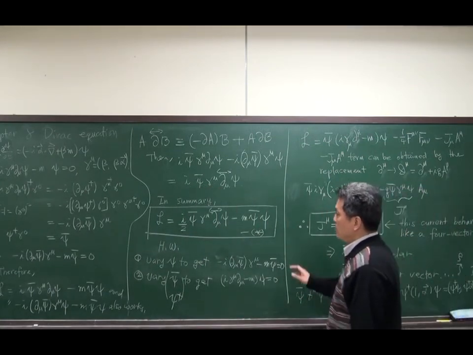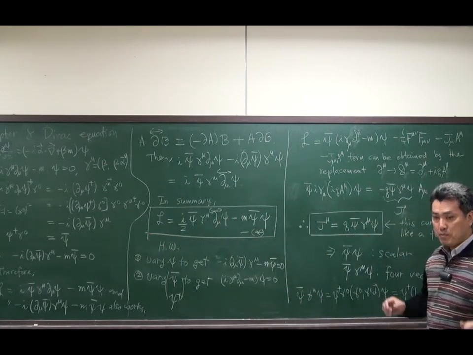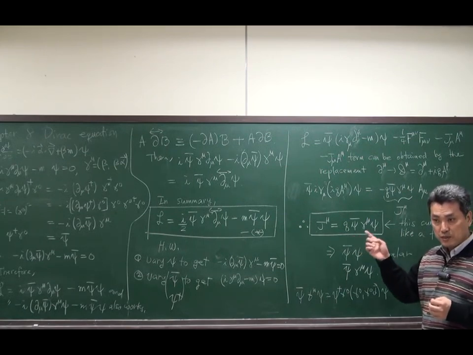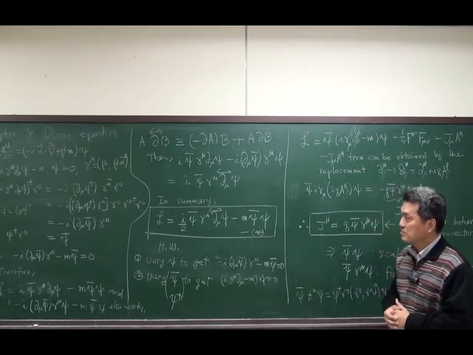So now we have found that the Lagrangian for the free particle, that is actually for the spin 1/2 massive free particle, is like that.